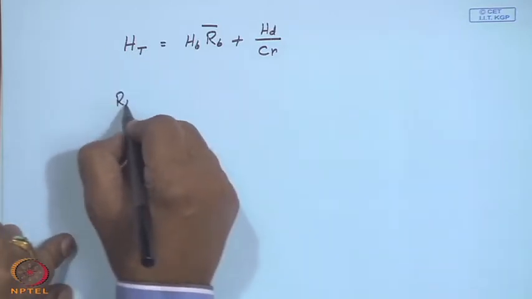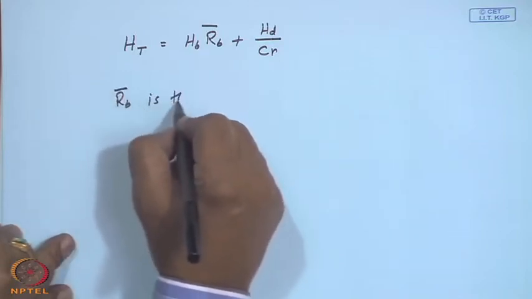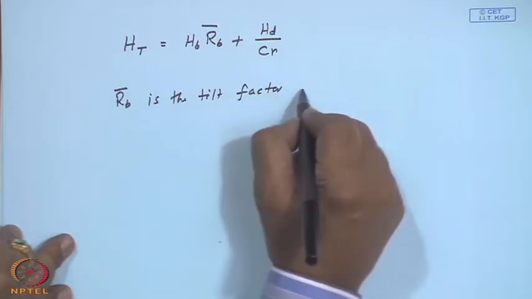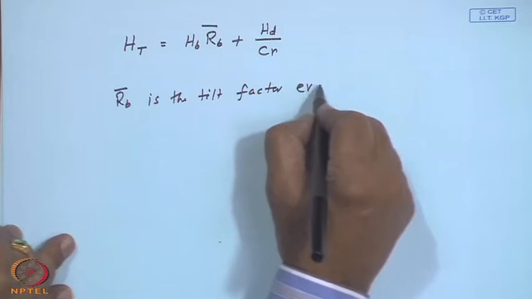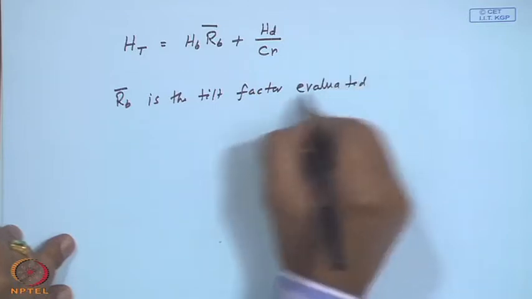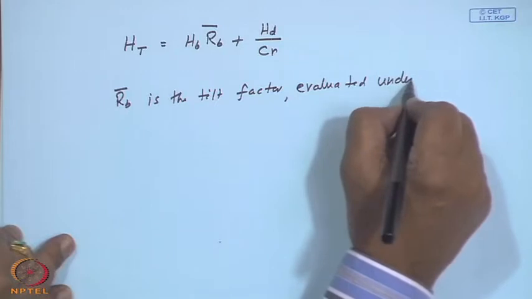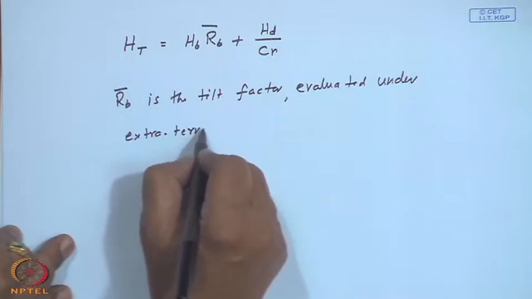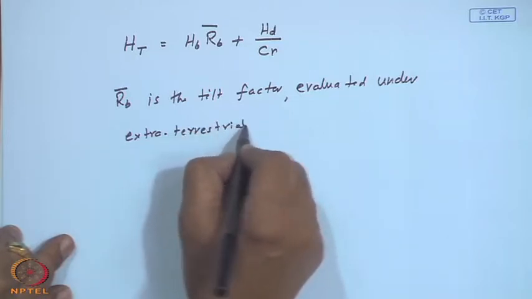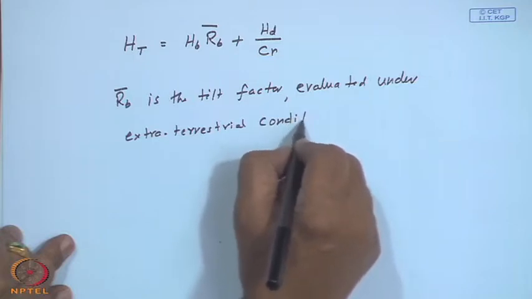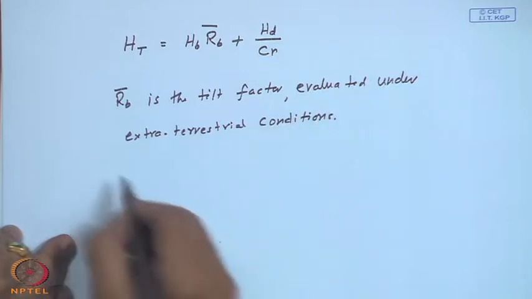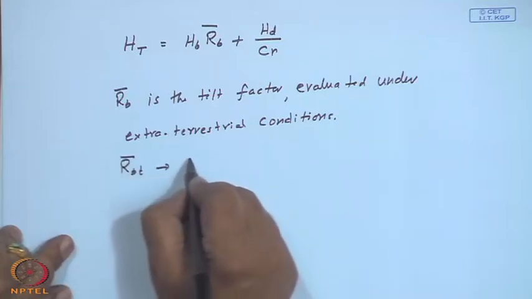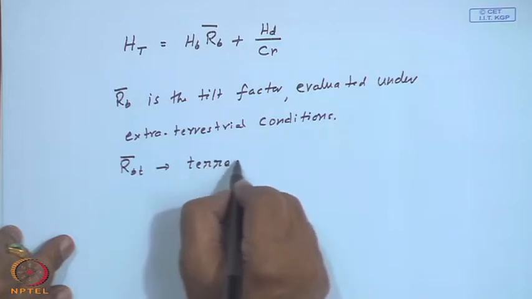Now, RB bar is the tilt factor for the day evaluated under extraterrestrial conditions according to our notation. Because if you recall, RB bar T is evaluated under terrestrial conditions.